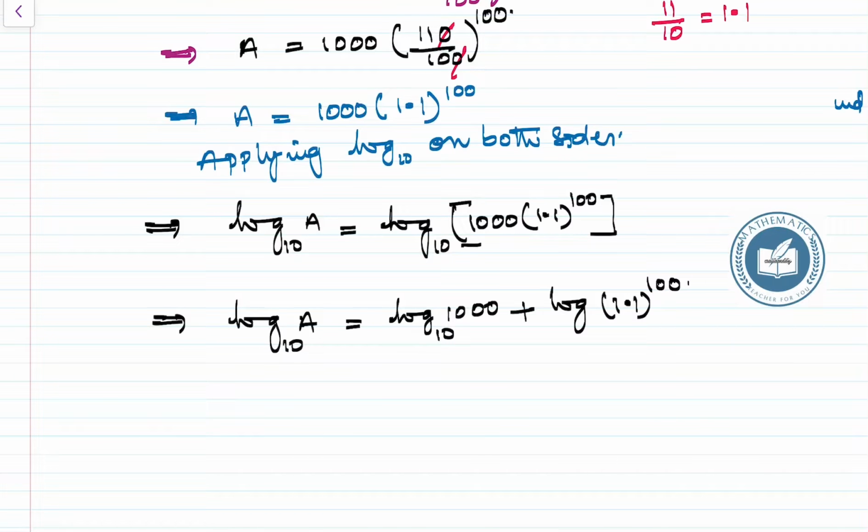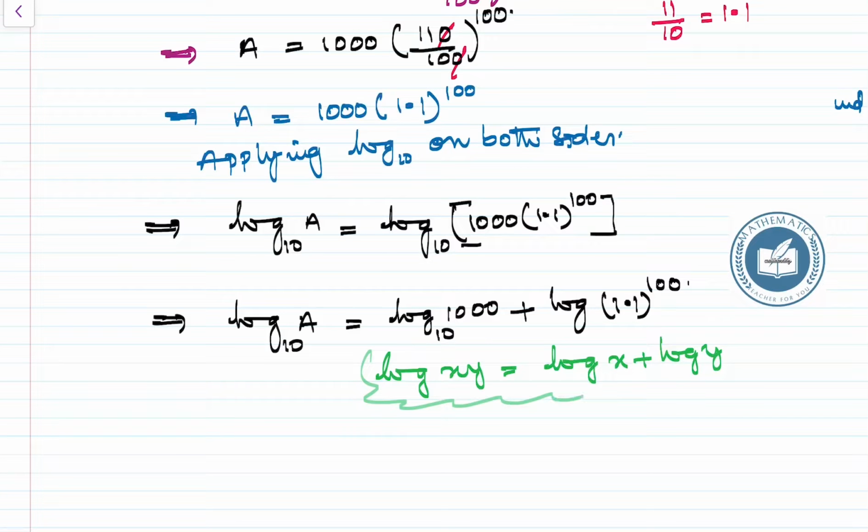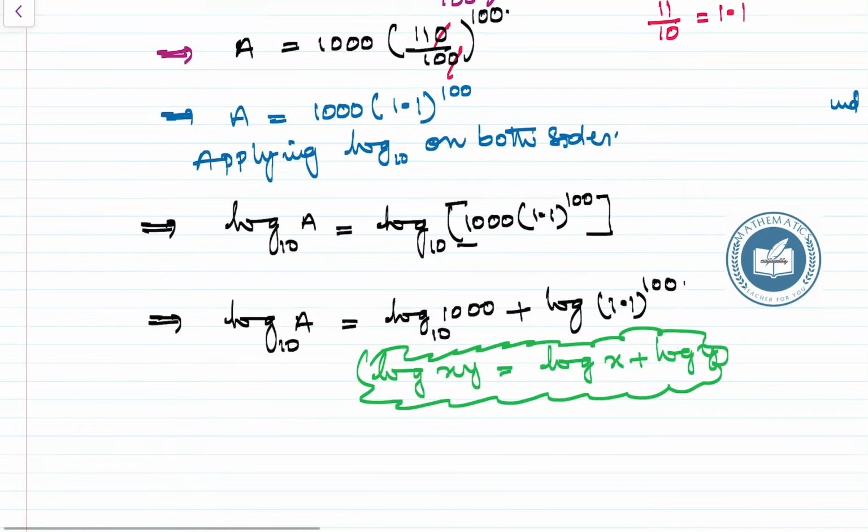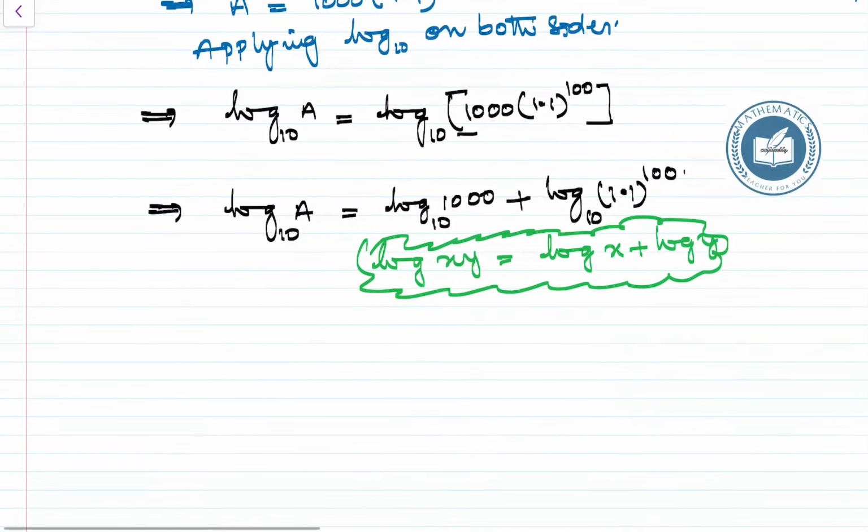Here the formula used is log xy is equal to log x plus log y. This is the formula used to expand 1000 times 1.1 whole to the power of 100. So here base 10 you have to write.